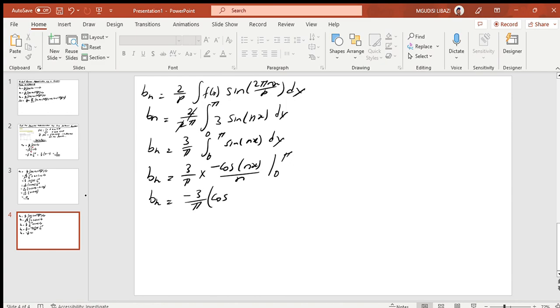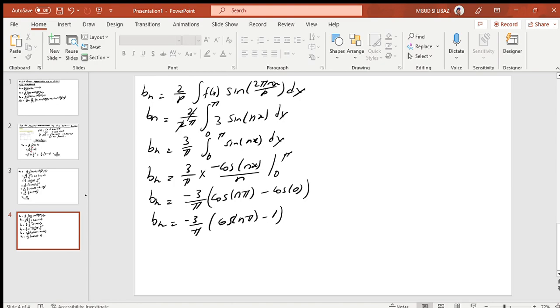That means we'll have cosine of n pi minus cosine of 0, and so bn is equal to negative 3 over pi times cosine of n pi minus 1. So that is what we have there.